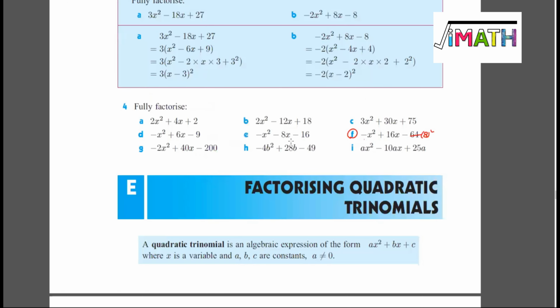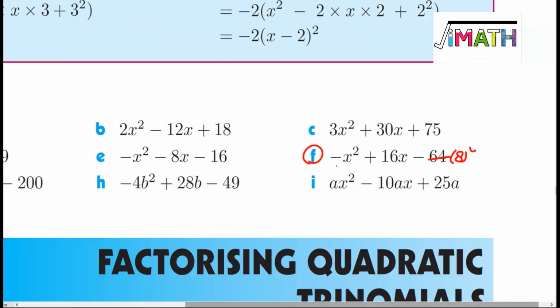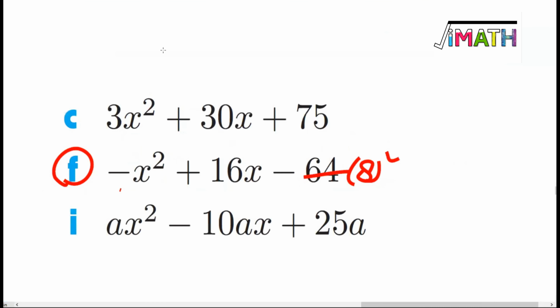Okay, let me give you another example to point out. So if I have 1, can I write it as 1 squared? Yes. And if I have minus 1 and I square it, would I get the same result as plus 1? Yes.